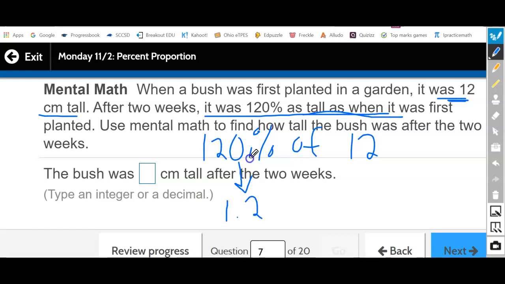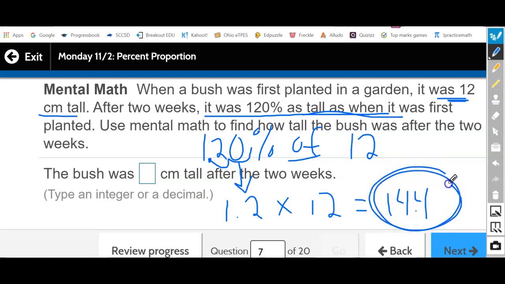Remember, we moved the decimal 2 places to the left. 1.2 of means times 12. So if you have something greater than 100%, that means it's going to be more than the 12, right? So what's 1.2 times 12? 14.4. That's how tall the plant is now.